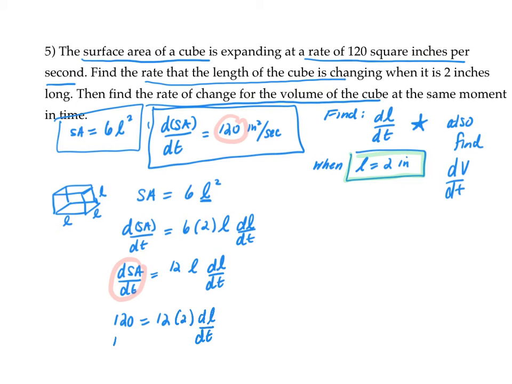Okay, so we have 120 equals 24 dL/dt. And then you want to divide both sides by 24. All right, so 120 divided by 24 is going to give us 5, and it's going to be in inches per second.